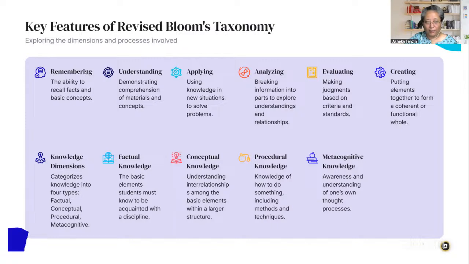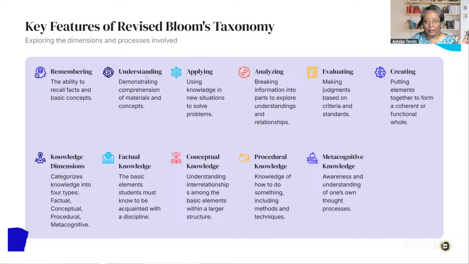Now, in this particular level, the student recalls facts and basic concepts. Okay, so just recalling your facts. There will be certain command terms also for particular levels of Bloom's taxonomy. Okay, so the first level of Bloom's taxonomy is remembering.